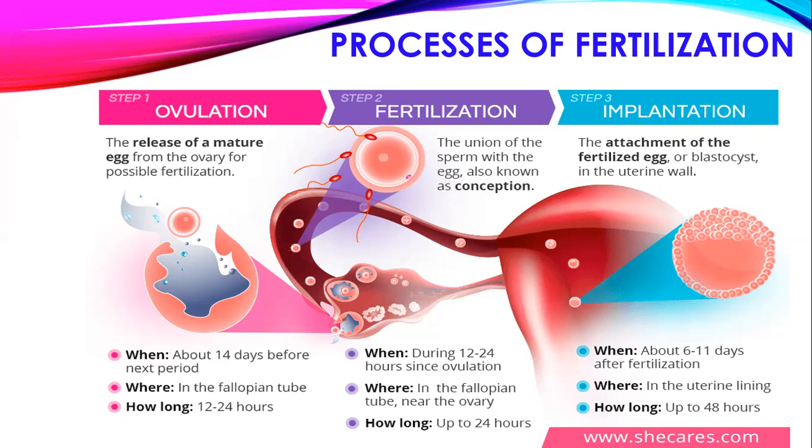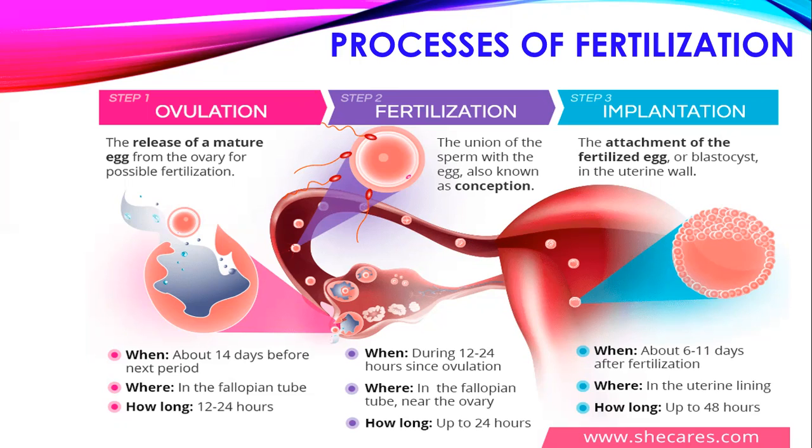After the egg is released, it moves into the fallopian tube. It stays there for about 24 hours, waiting for a single sperm to fertilize it. If a sperm does make its way into the fallopian tube and burrows itself into the egg, it then fertilizes the egg. The egg changes so that no other sperm can get in.